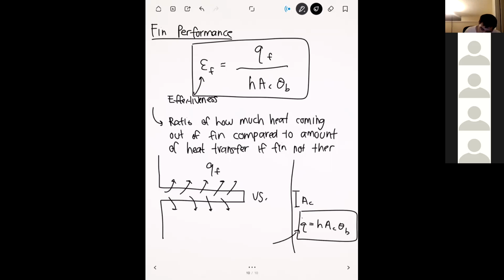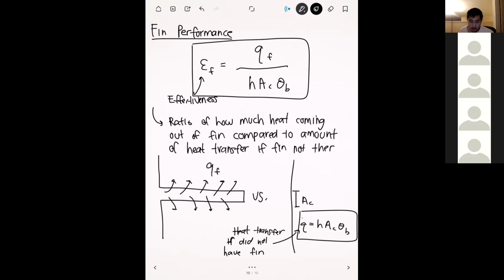This is the heat transfer on that same plot of material if we didn't have the fin.